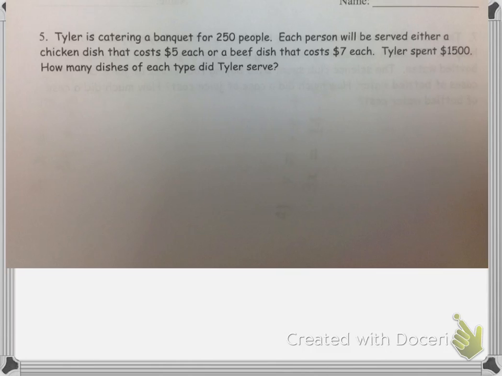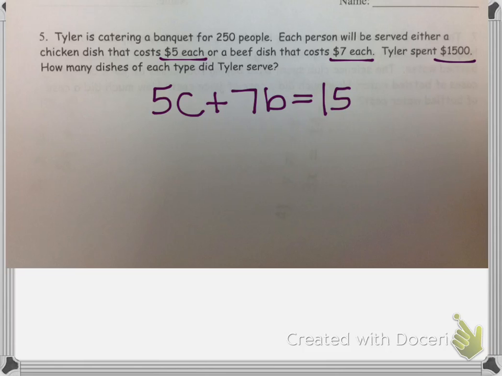So Tyler is catering a banquet for 250 people. Each person will be served either a chicken dish or a beef dish. Tyler spent $1,500. So, again, let's do money and money and money. So 5 times the amount of chicken plates plus 7 times the amount of beef plates equals the total amount of money spent.